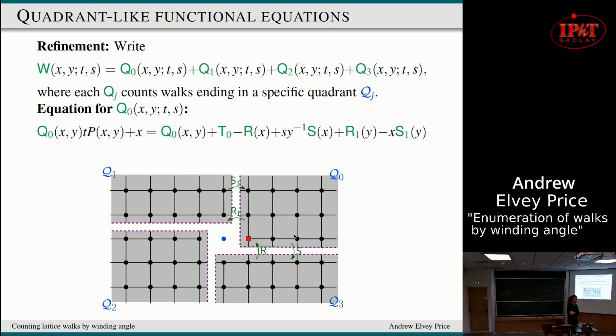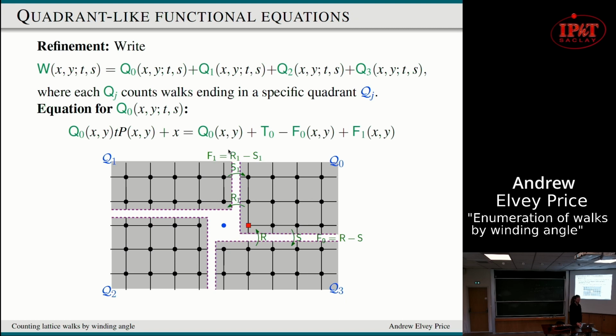Now we have a correction for walks moving out of and back into this line, and similarly we need new correction terms for moving in and out of this line. I'm not going to describe that in detail, but using the same ideas we get this functional equation.